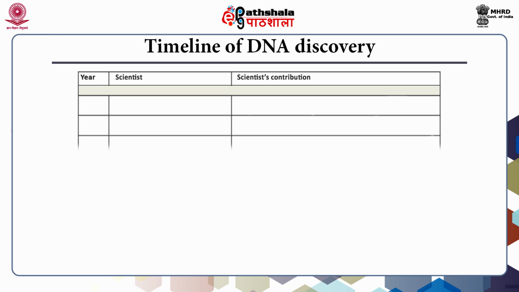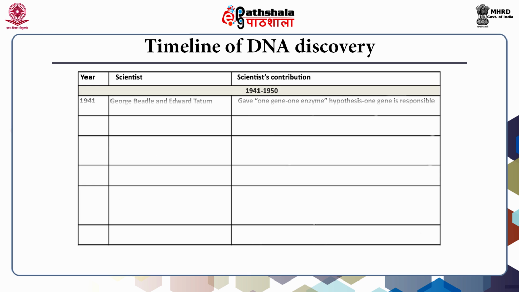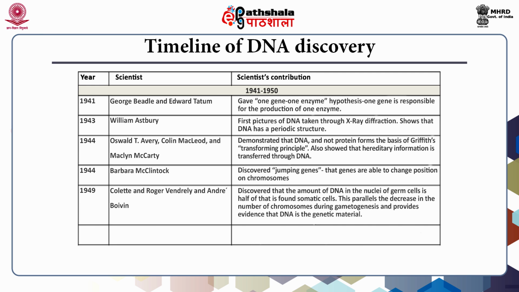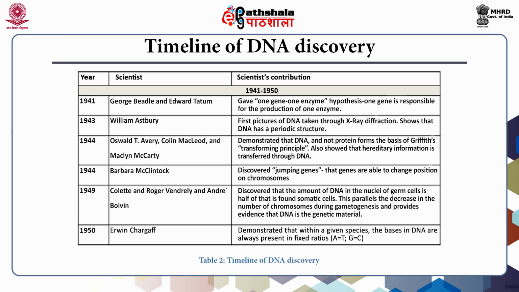In 1941, Beadle and Tatum postulated the one gene, one enzyme hypothesis. William Astbury took the first picture of DNA through X-ray diffraction. A classical experiment by Avery, MacLeod and McCarty in 1944 established that the DNA and not the protein forms the basis of Griffith's transforming principle.